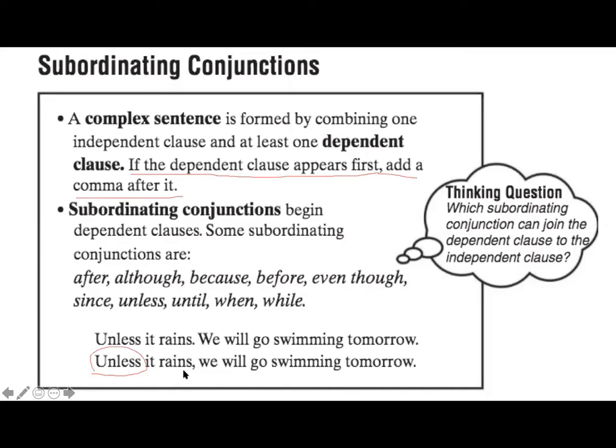It doesn't have any context behind it, and it doesn't tell a full thought. Whereas we will go swimming tomorrow does tell a complete thought. So here is my independent clause, and here is my dependent clause. So if your subordinating conjunction comes first to begin your dependent clause, you must make sure that you use a comma here. For example, have a look.